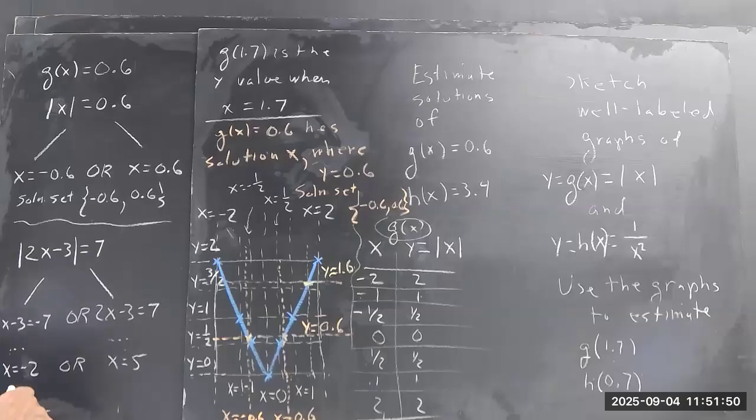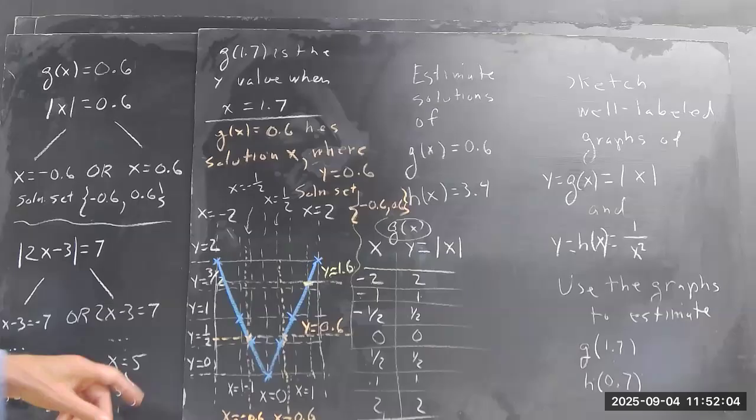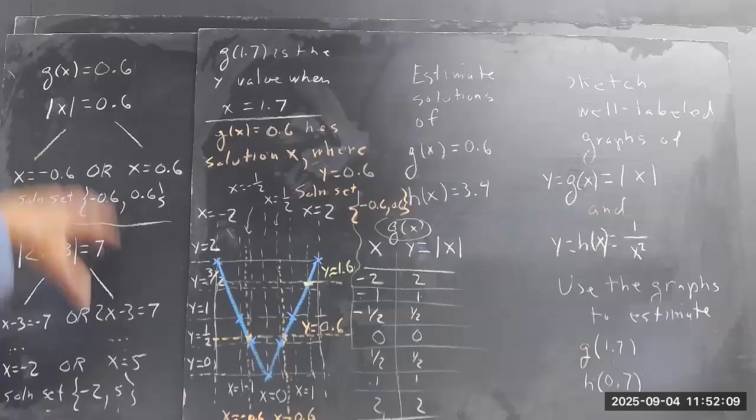So your solution set includes negative 2 and 5. In other words, x can be negative 2 or it can be 5. Take that to heart, because this is something you want to get straight now, because people tend to forget it.